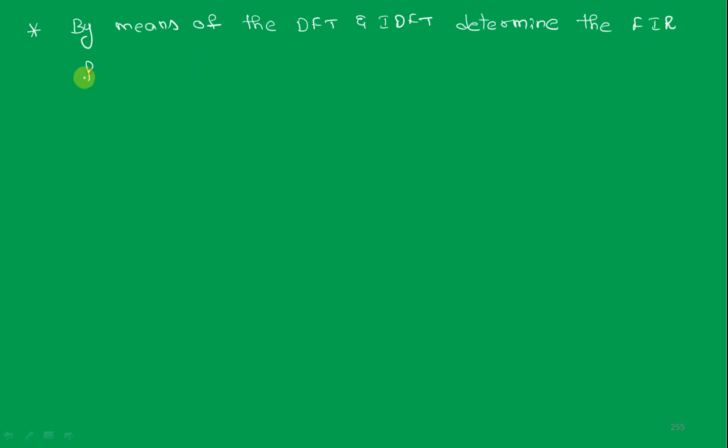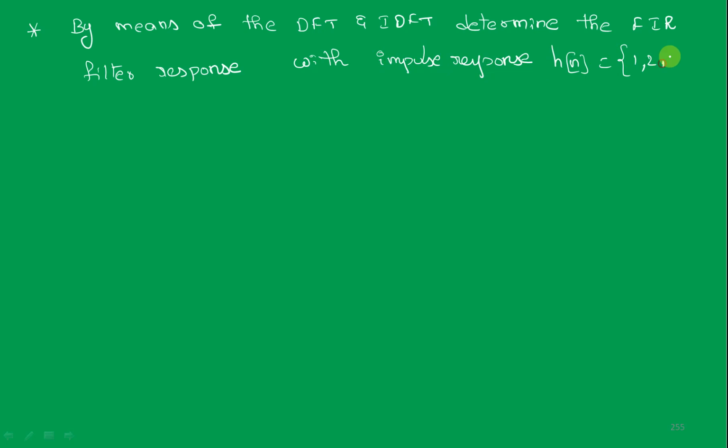Determine the FIR filter response with impulse response h of n is equal to 1, 2, 3, to the input x of n is equal to 1, 2, 2, 1.